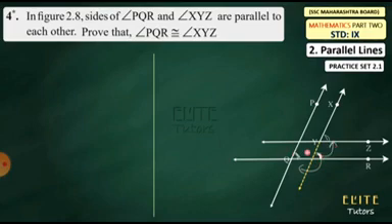That means this new angle is congruent to both angle Q and Y. Suppose this new angle is 30. Then angle Q is also 30 and Y is also 30. So Q and Y are both 30, and we can prove Q and Y are congruent to each other. Hope you people understood the figure well.